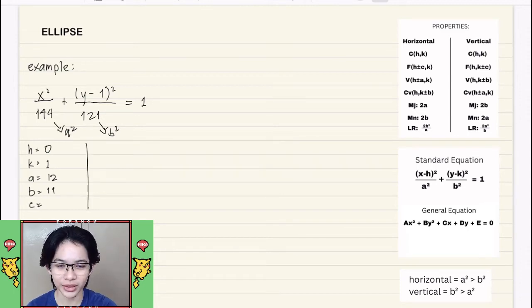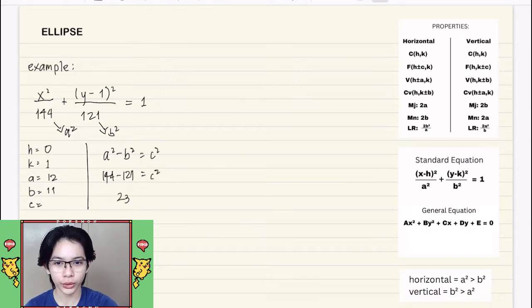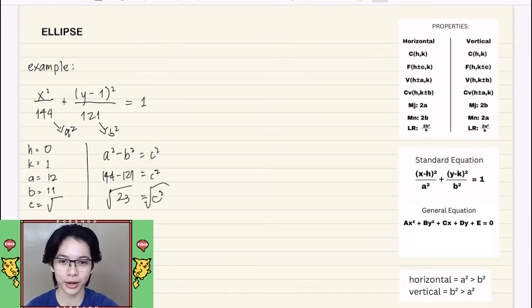To get c², we can subtract b² from a², derived from the Pythagorean theorem. 144 minus 121 is equal to 23. To get c, we take the square root of 23. Now, onto the properties.